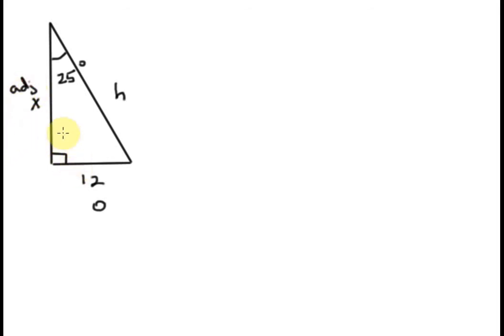So when I set up my trig ratio, the tangent of 25 degrees is the length of the opposite, which is 12, divided by the length of the adjacent, which is what I don't know. So there's my trig equation.